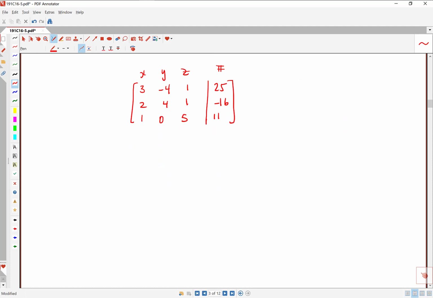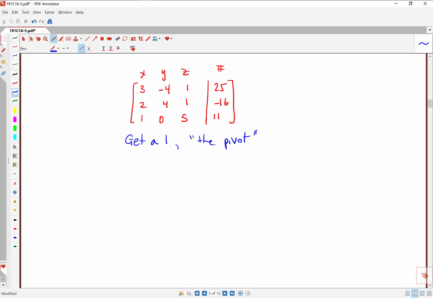So now we're going to think about performing our different row operations. The order for the operations is going to feel familiar, similar to what we did when we were finding the inverse of a matrix. First, we're going to get a 1 in the upper left-hand corner, which is called the pivot.